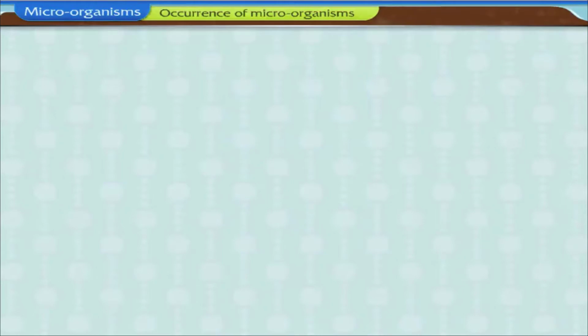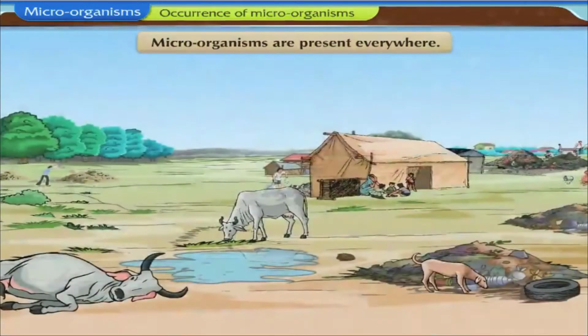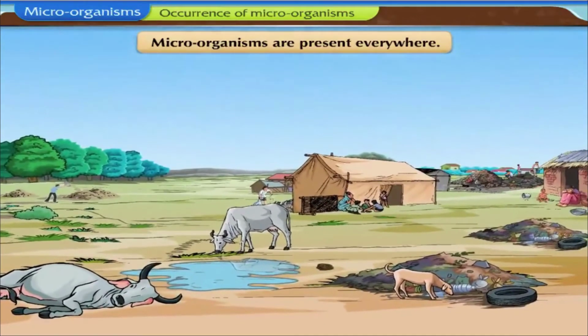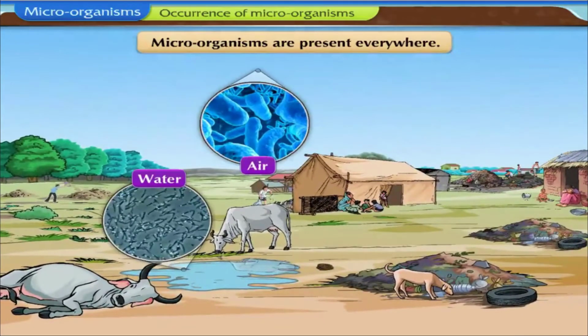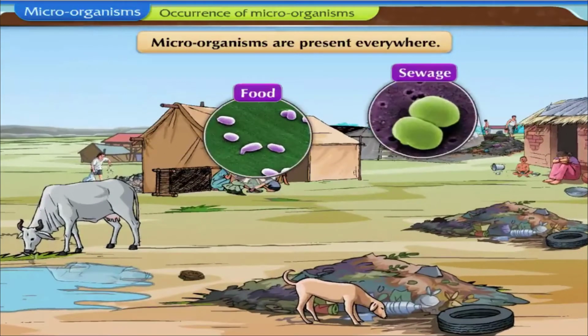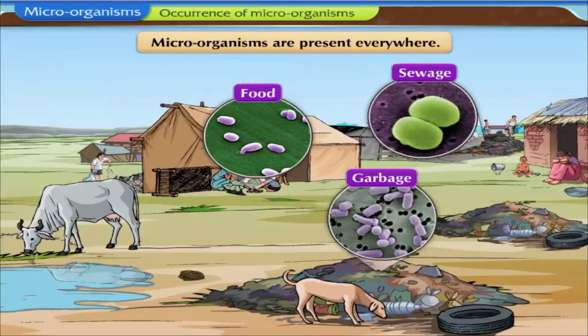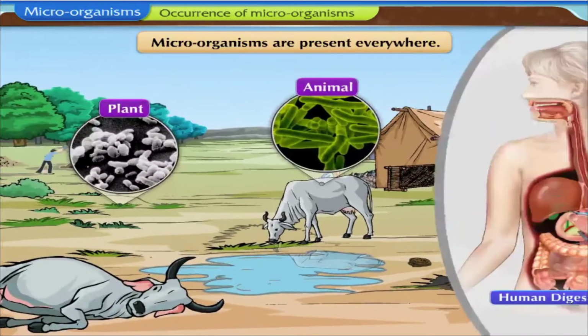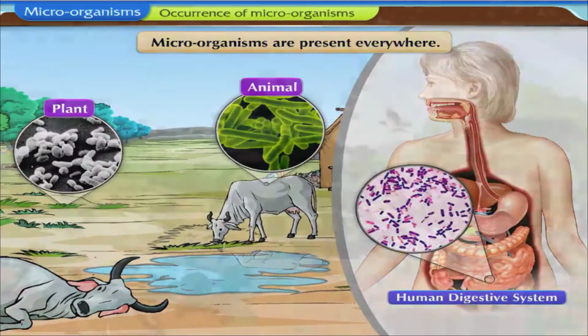Occurrence of microorganisms. Microorganisms are present everywhere. They are present in air, water, soil, food, sewage, garbage, as well as in the bodies of plants and animals, including humans.